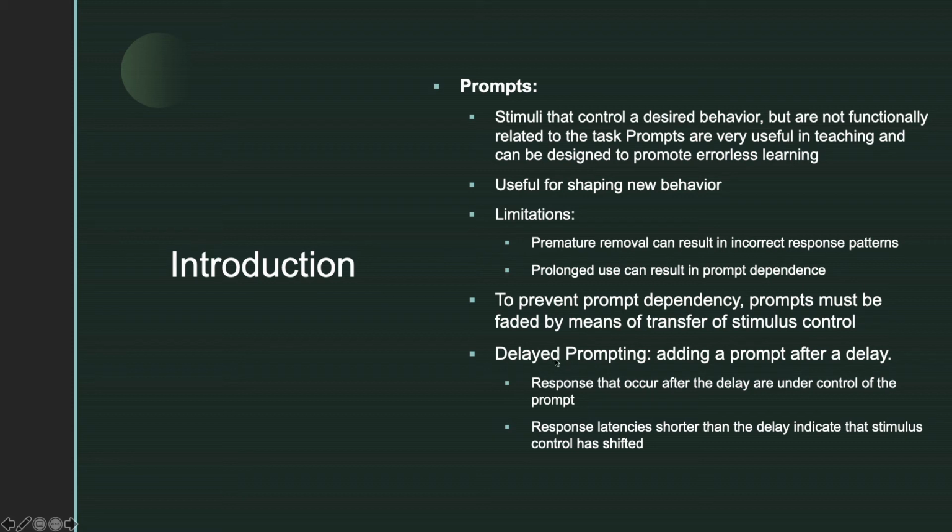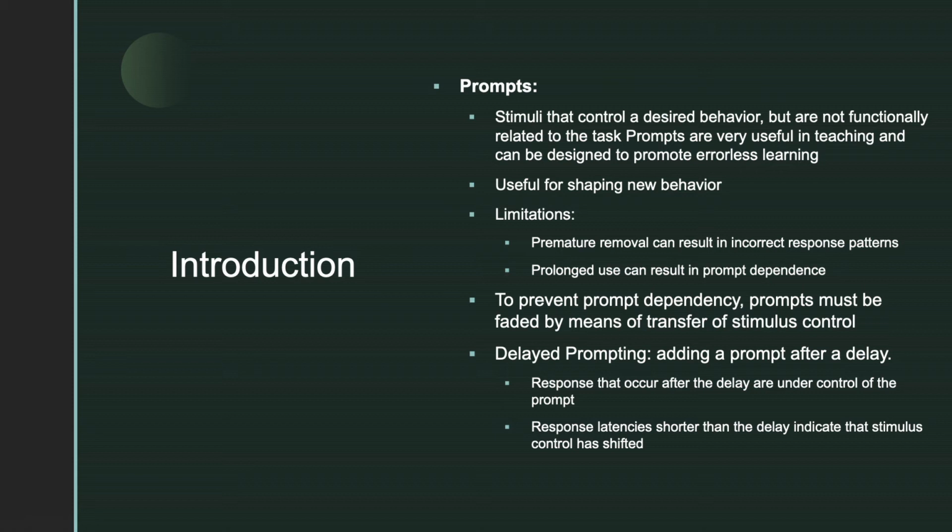So there's a procedure known as delayed prompting. Delayed prompting involves adding a prompt after some delay. And one of the things I'll highlight is that in our early instruction, the prompts are immediately delivered, right? So I say wash your hands, and I immediately guide the individual to physically wash his or her hands.